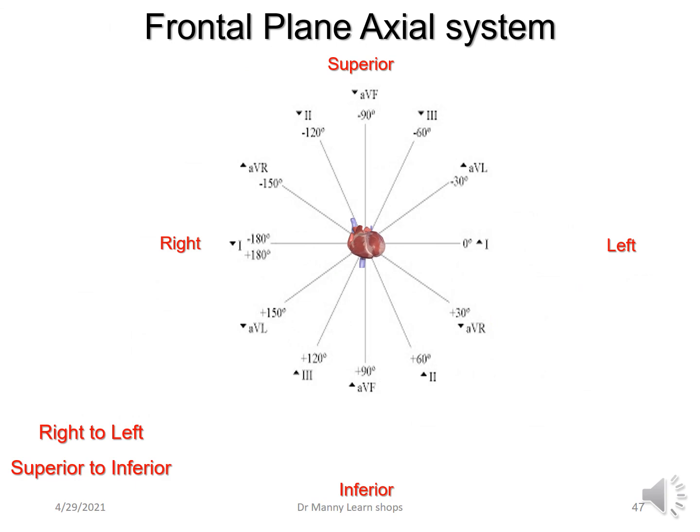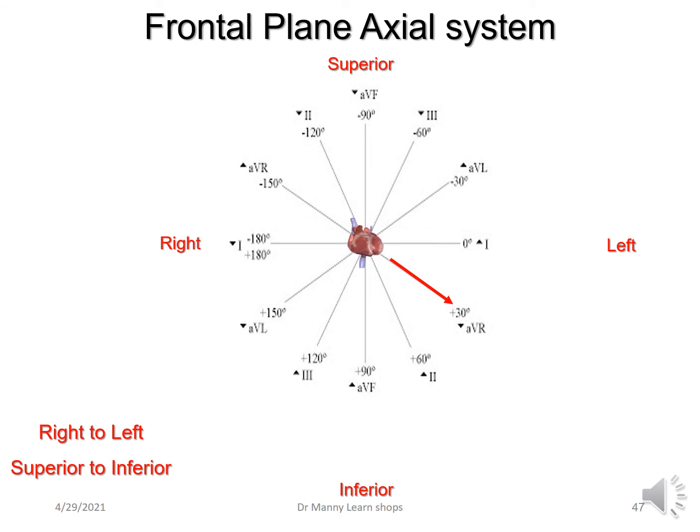So this is referred to as the frontal plane axial system. And essentially what it does, it looks at the current from the right to the left, from the top to the bottom. Right to left, superior, inferior, and it has numerics associated with it. And there are 2 poles, a negative pole and a positive pole.